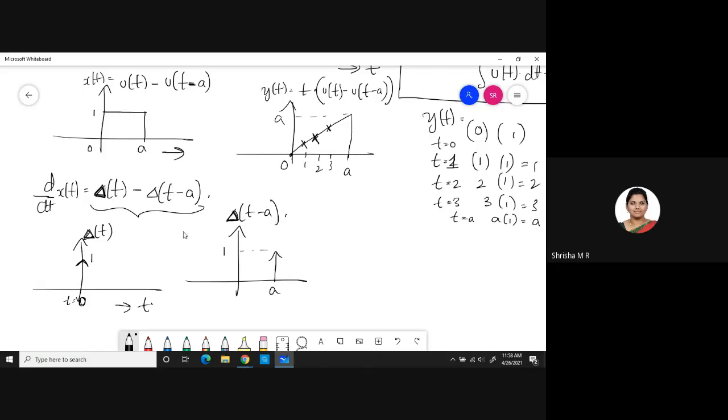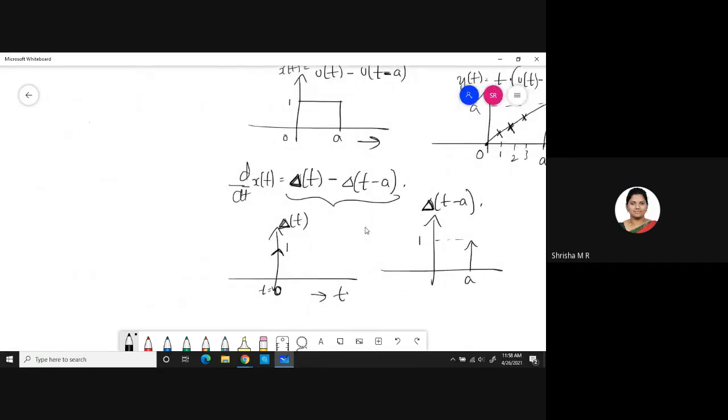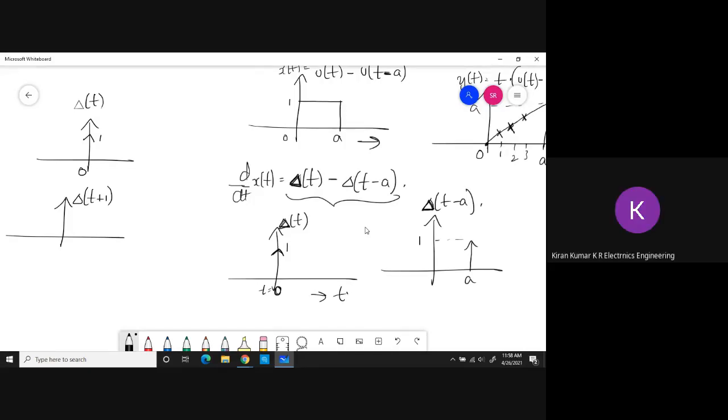Okay. So for your reference, I'll explain. This is delta t, correct? It will exist with an amplitude 1 at t is equal to 0. So what is delta t plus 1? Where will this signal exist? At -1, with an amplitude 1, correct?